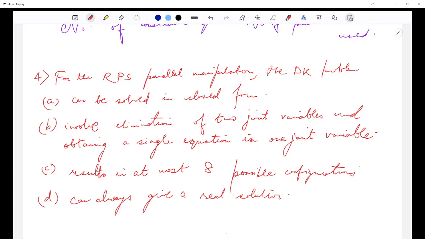So let's start this. What are the unknowns in RPS direct kinematics? What are the actuated variables and what are the passive variables? In RPS you might know that the prismatic joint is actuated, right? So the actuated variables are L1, L2 and L3, and the passive variables are the revolute angles theta 1, theta 2 and theta 3, right? So M is equal to 3 passive variables.